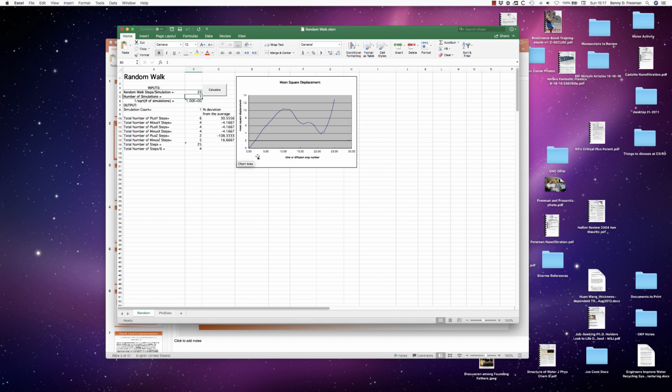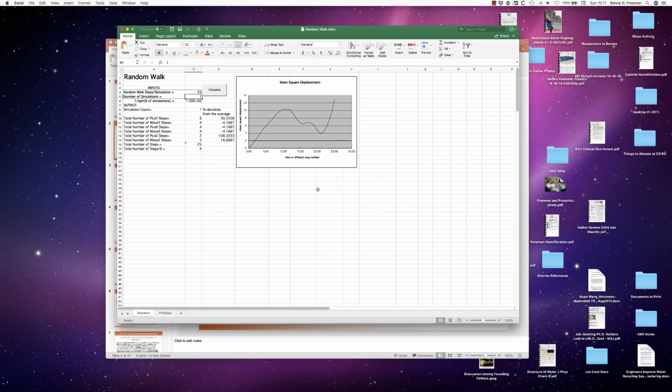And this is basically picking a random number in the computer and then deciding based on that what the displacement of the particle is going to be in the plus and minus x, y, and z directions, and then calculating the mean square displacement after each of those steps.